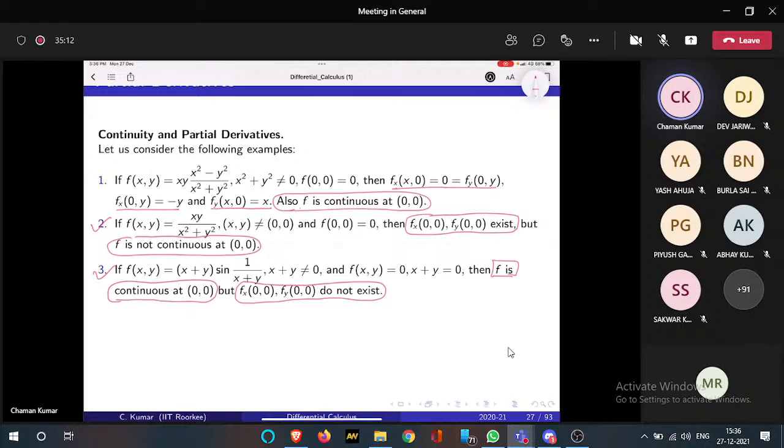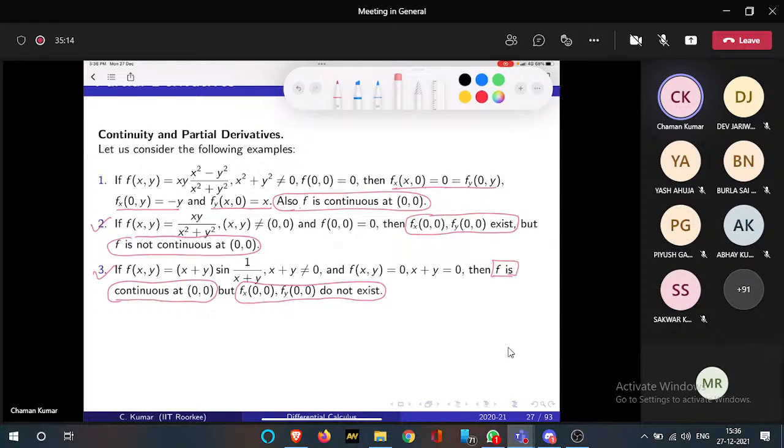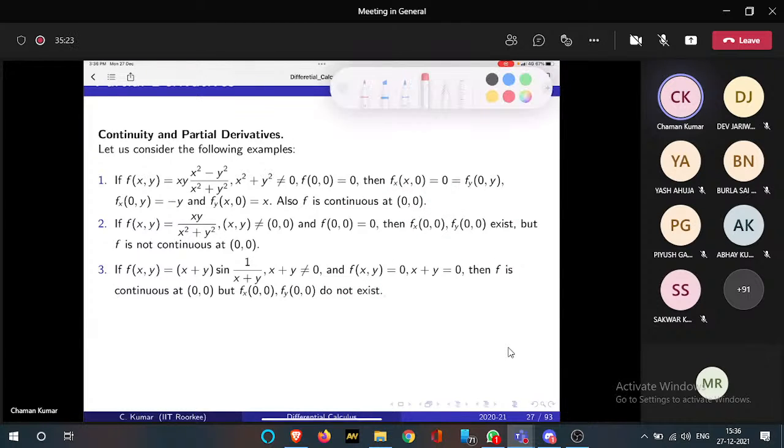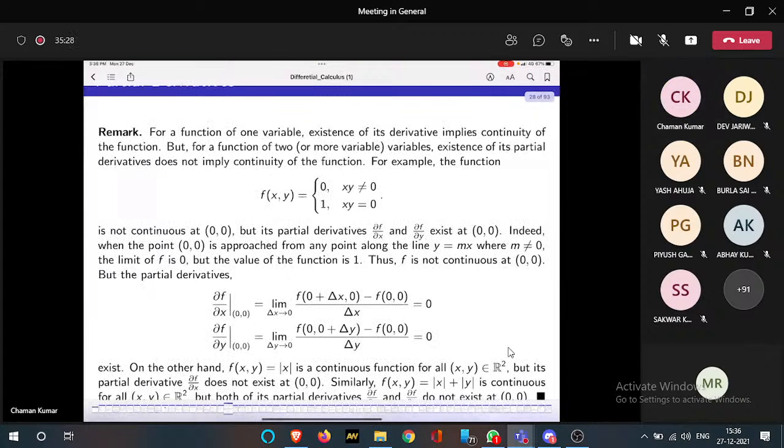Okay, so there is no relationship between partial derivatives and continuity of a function of two variables. Okay, so these examples are given to illustrate this. Fine.